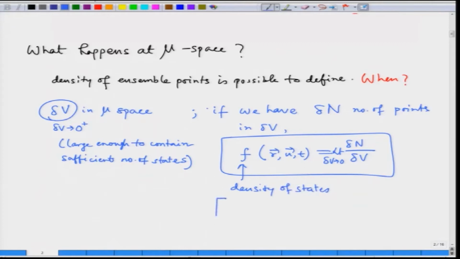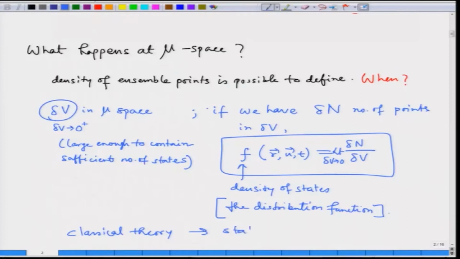And this is known as the distribution function. Only when this distribution function is well defined can one go from the normal classical theory level to a statistical description using kinetic theory.